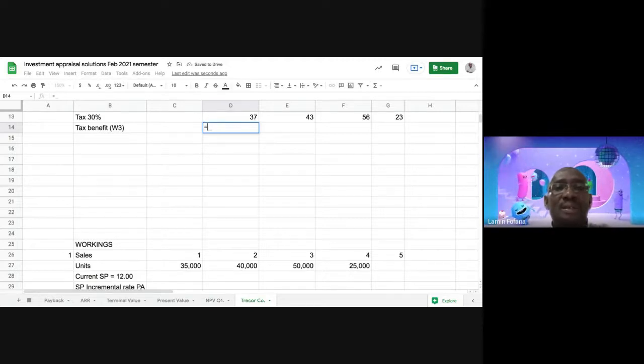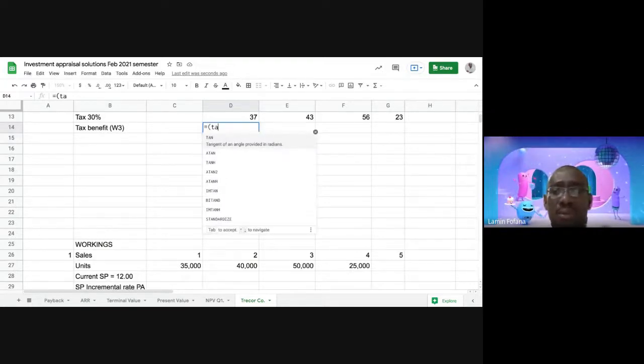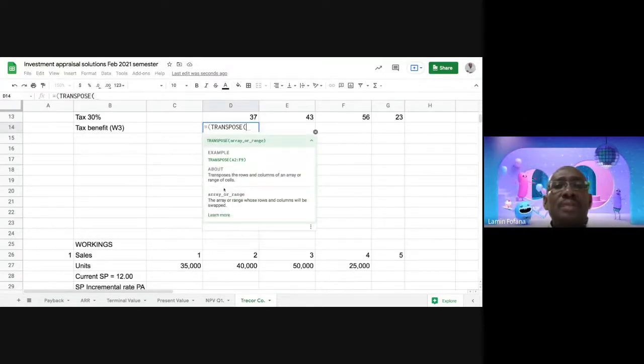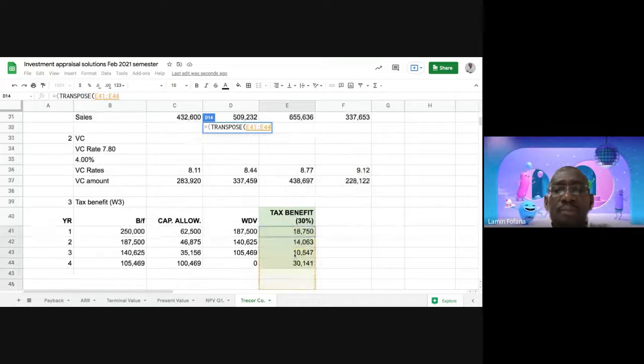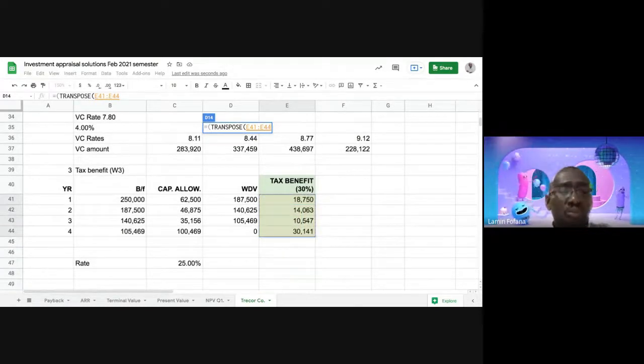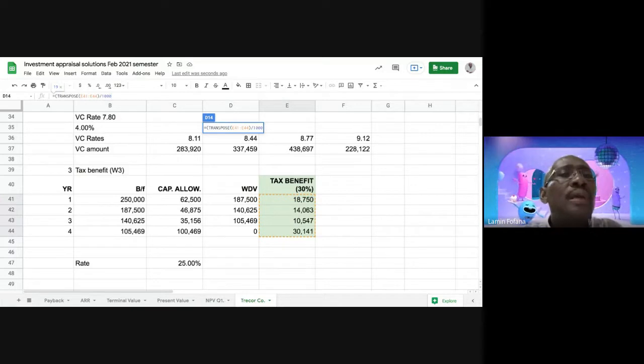Equals, bracket opens, transpose. I'm coming back to you very soon, don't worry. Transpose. We go back to this. Bracket closes. All that divided by 1,000.